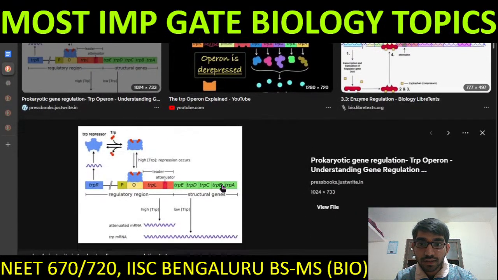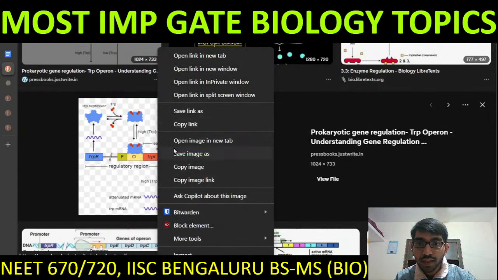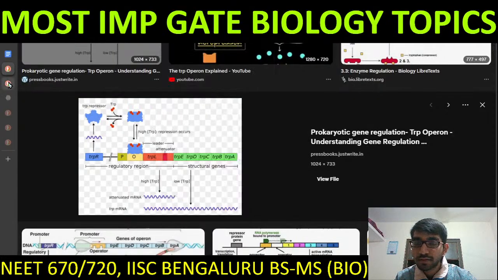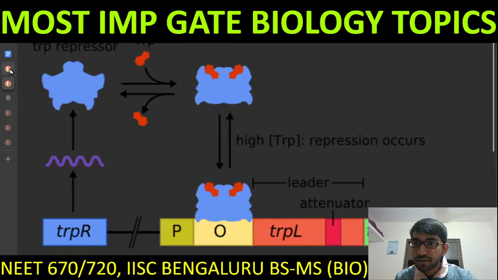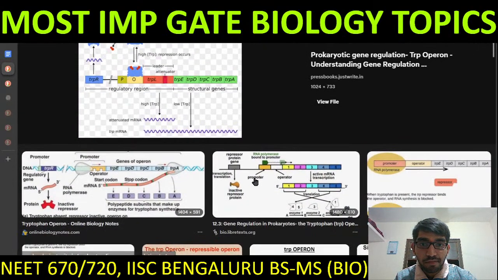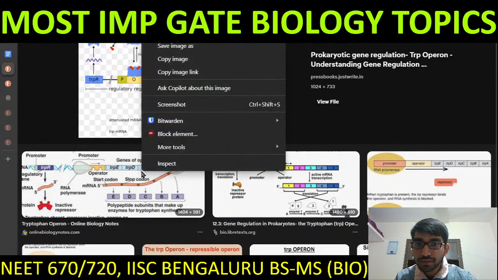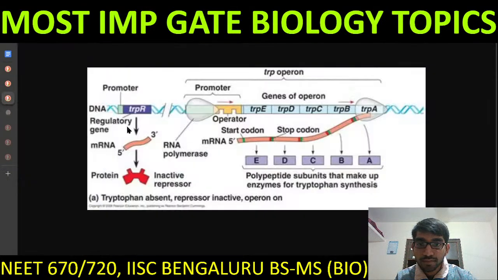See, so this is the structure. You can see the genes of the operon A, B, C, D, E. These are the proteins that are synthesized from this.